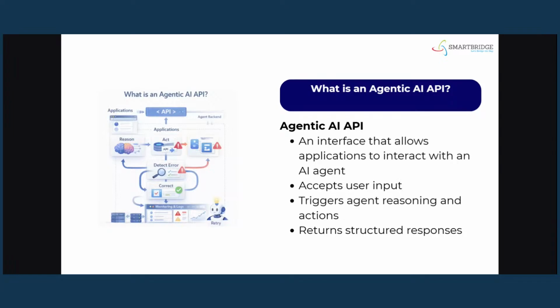Coming to the fourth step. So coming to the fourth step, it is nothing but detect the error. So what if something fails? That is my question. What if something fails? Like verifying the output, all these things.